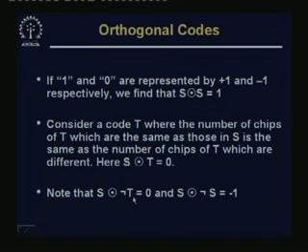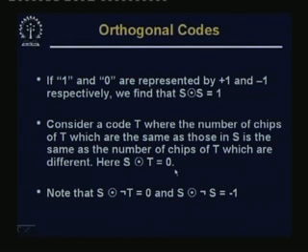So, once again S dot not of T is 0. And S dot not of S? All the ones in S will be minus 1 in not S, and all the minus ones in S would be 1 in not S. So in either case you get a product of minus 1, m minus 1s added together give minus m, divided by m gives minus 1.